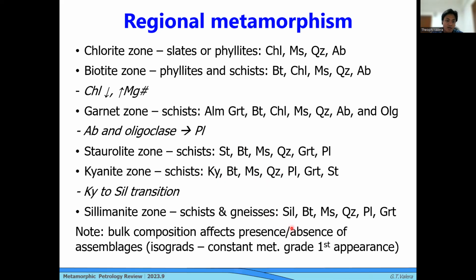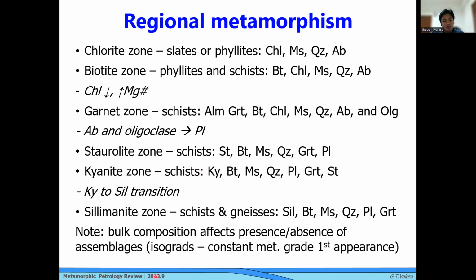So, take note, however, na itong isograds na to, itong first appearance ng minerals na to, is not constant, is not true for all pelitic rocks. So as mentioned before, some of the more common pelitic rocks actually have another zone referred to as the chloritoid zone. And the location of the pressure and temperature conditions at which point supposedly nagbabago from garnet to staurolite to kyanite, hindi rin siya fixed sa PT space.